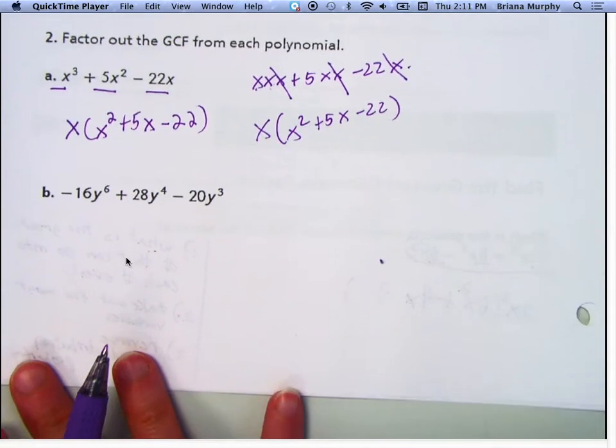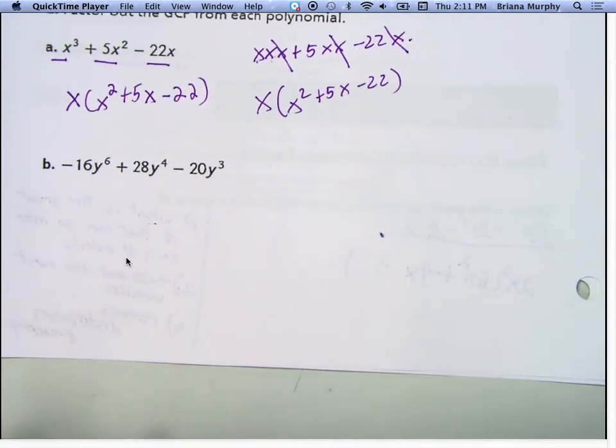All right. Why don't you guys try B? What's the biggest number? Take that out first. Then you can take out so many y's. Try it right now.